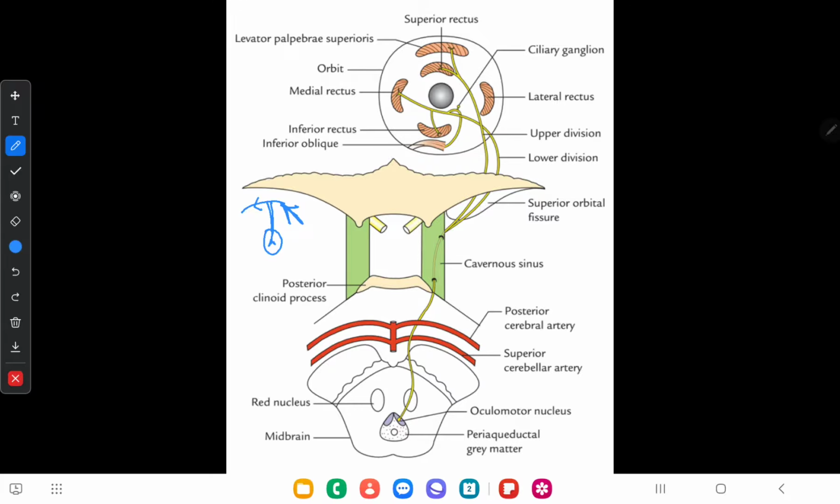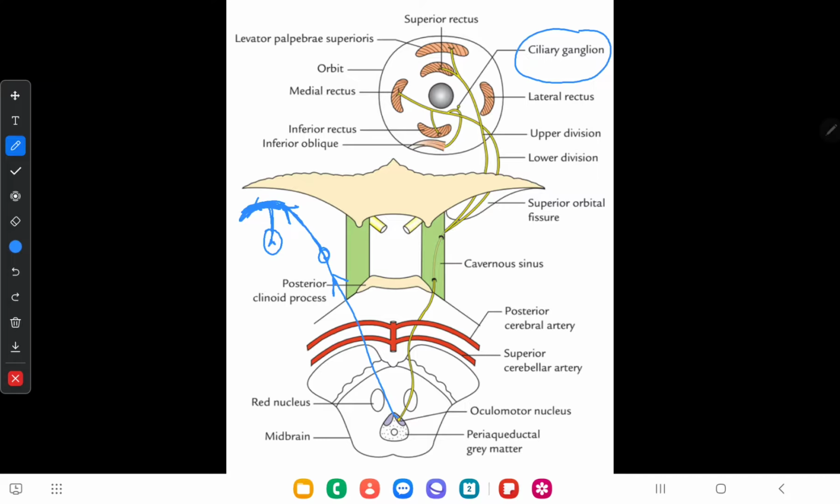Now when we talk about the ciliary ganglion further, it is a peripheral parasympathetic ganglion located in the posterior part of the orbit. The preganglionic fibers originate in the Edinger-Westphal nucleus, come through the oculomotor nerve, and then leave it through the branch to the inferior oblique muscle.